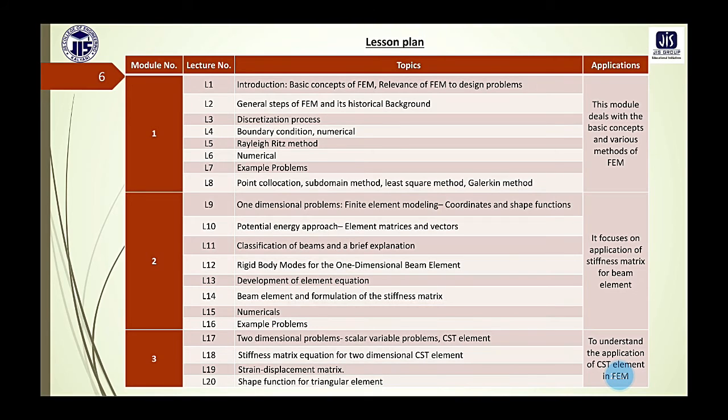So this is the lesson plan for the total of 36 video lectures. Module wise and lecture wise, this lesson plan is shown here. In the first module we have a total of 8 different lectures to complete our syllabus.